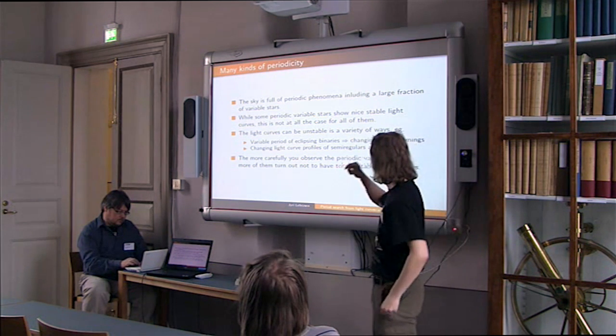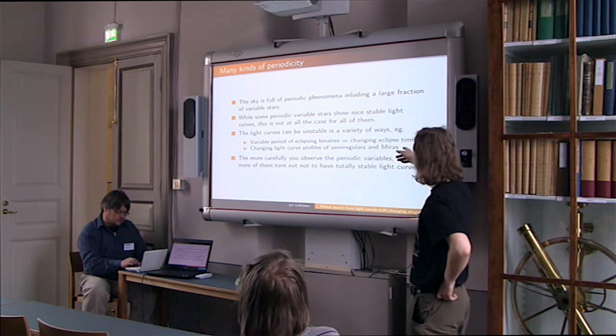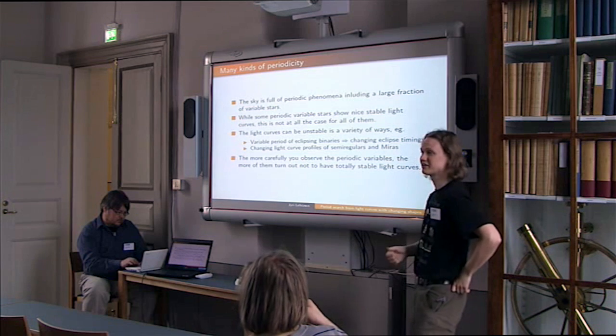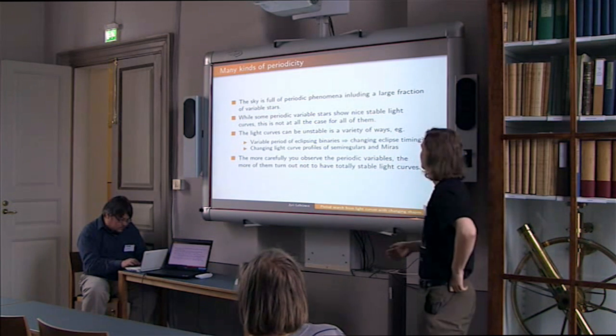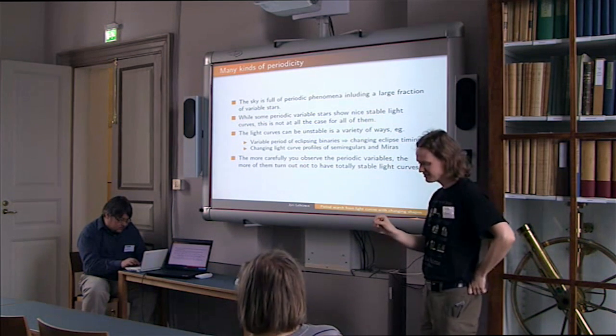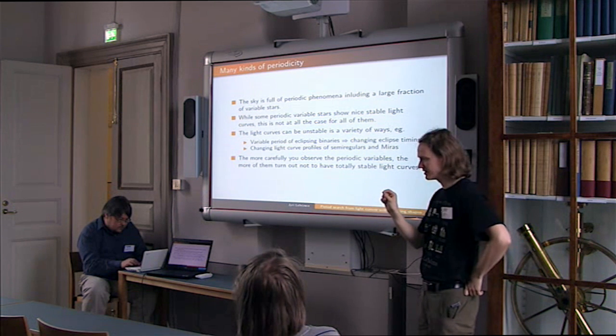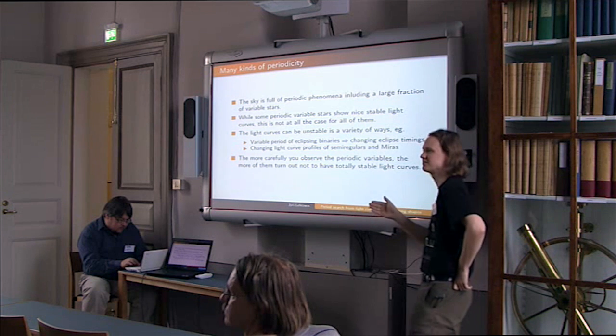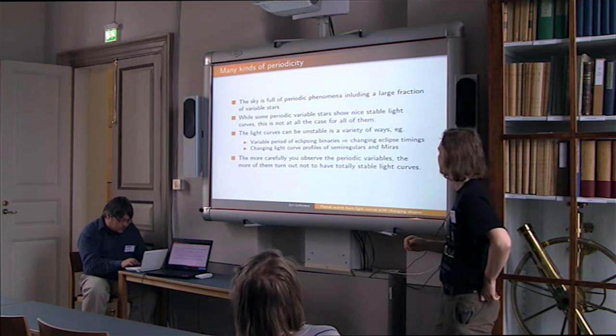So I talk about Mira stars, and even these eclipsing binaries, when you observe them closely enough and for a long enough period, you observe that there is some variation between the forecasted time of the eclipse and the actual, observed time of the eclipse.